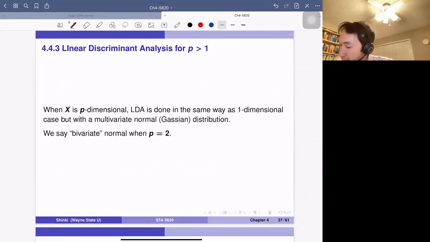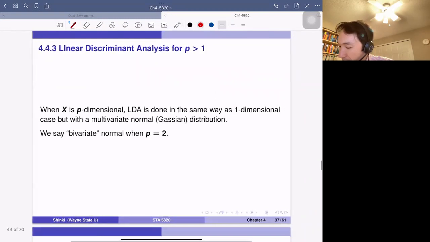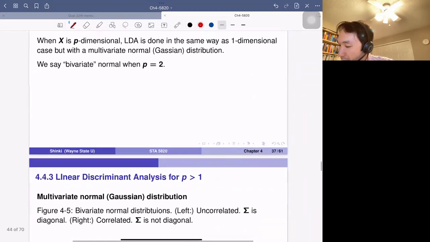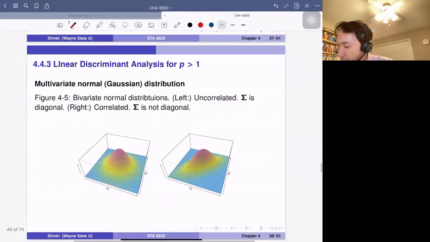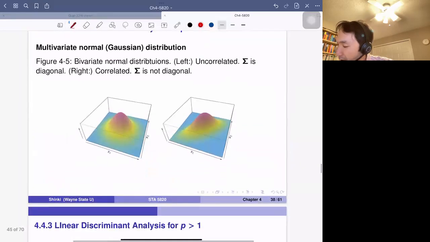So how about the case where X is higher dimensional? When p is equal to 2, we can consider the multivariate normal distribution, and for p equal to 2 we say bivariate normal distribution. So what's the definition of the multivariate normal distribution? It looks like this or this. This is really bell-shaped.